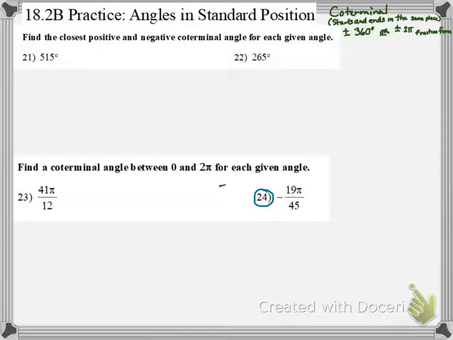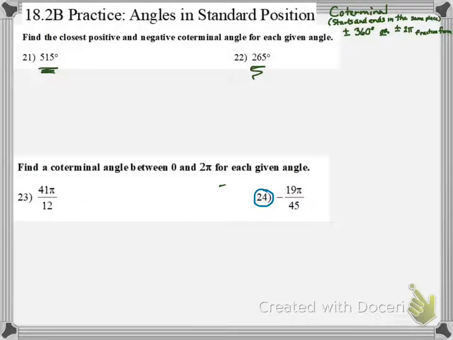What you need to be aware of is, because this is already between 0 and 360, I'm just going to have to add 360, subtract 360, and I'll have my answers. This one, because it's more than 360 degrees, it's likely that I'll have to subtract 360 two times. Once will give me a positive that's a little smaller, and the second time will give me a negative.